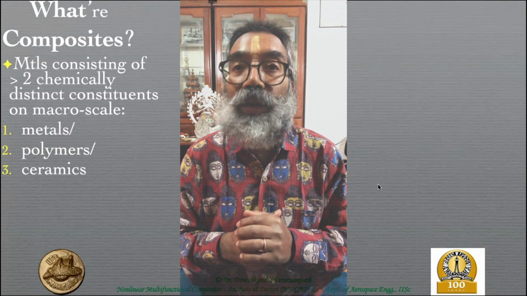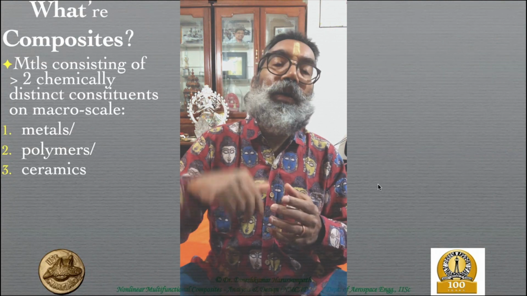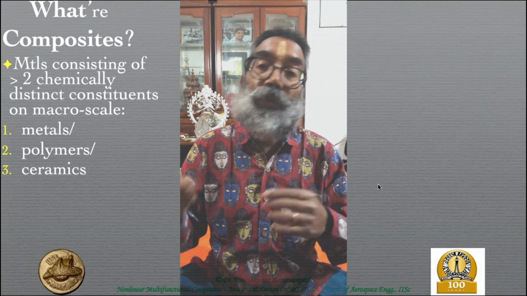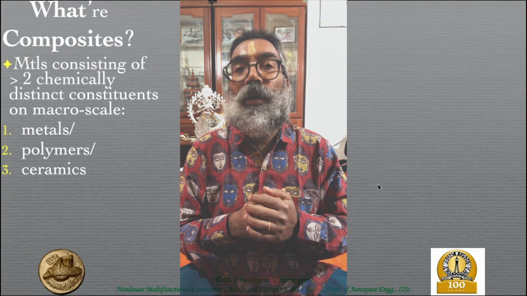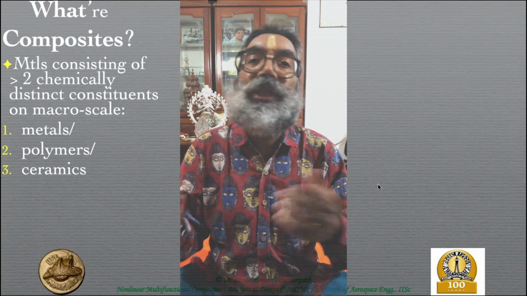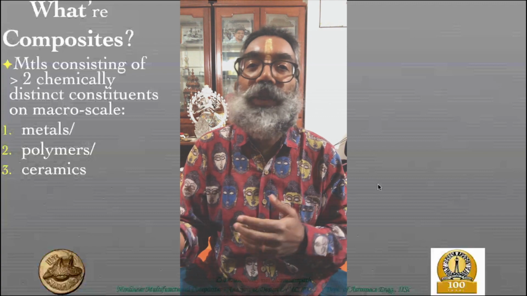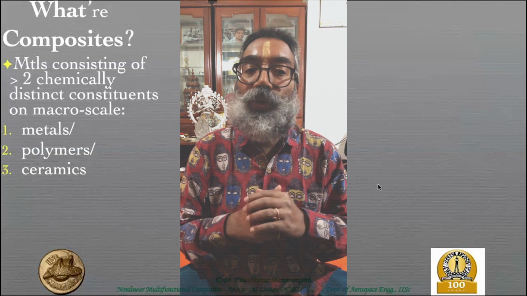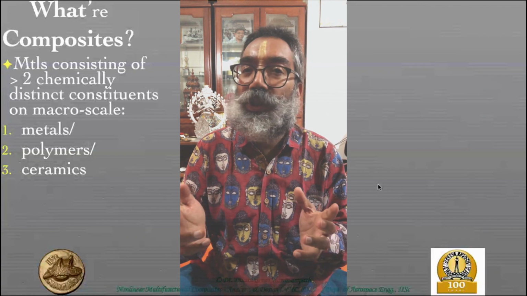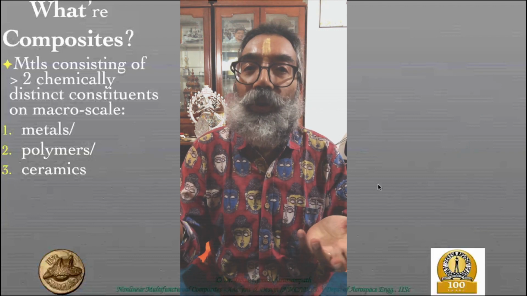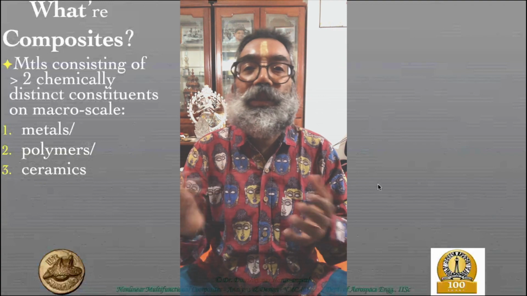So it doesn't mean it has to be one metal and the other one has to be either a polymer or ceramic. It doesn't need to be. Both could be metals. For example, you could have titanium fibers in an aluminum matrix. So both are metals, but it's a composite because one is a fiber, the other is a matrix, and these two are chemically distinct at a macro scale. And similarly, you could have a carbon-carbon composite where both the fiber and the matrix is carbon.